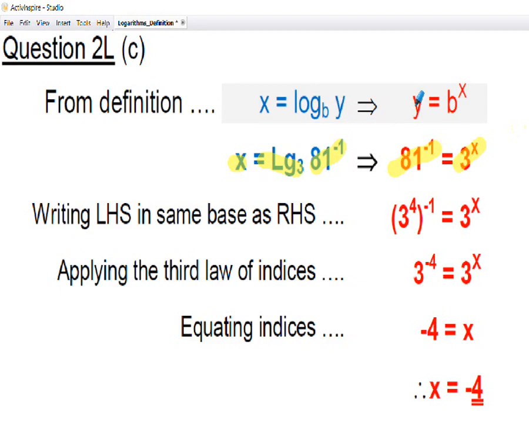If you look at my table on the previous slide, 3 to the power of 4 is 81. 3 times 3 times 3 times 3 gives you 81. But that's still raised to the power of negative 1, don't forget. Or that would be 3 to the minus 4 is equal to 3 to the x. Notice I've used the third law of indices here to get my 3 to the negative 4. Now the base is the same on both sides, they're both base 3. I can equate the indices, so the x is equal to minus 4.